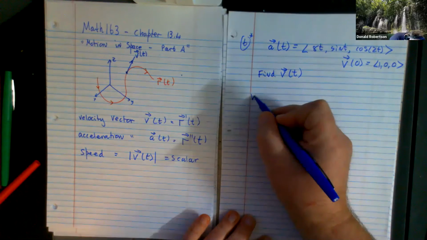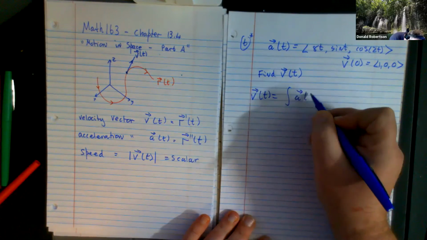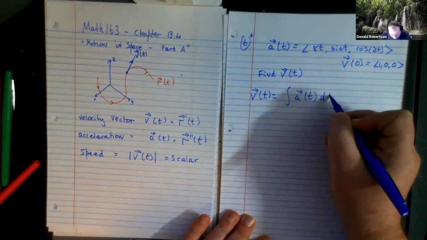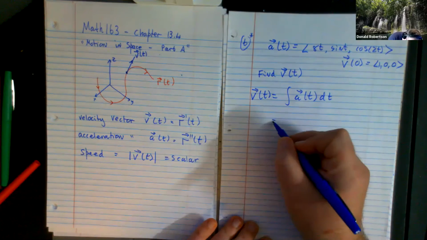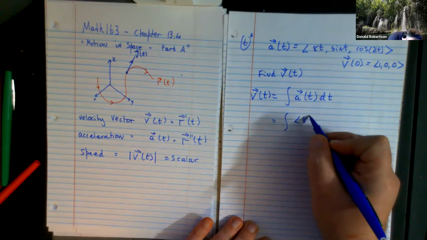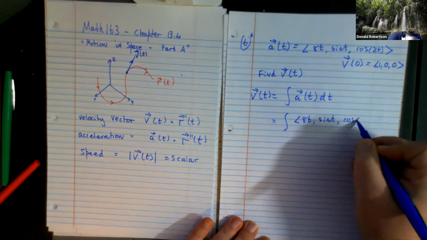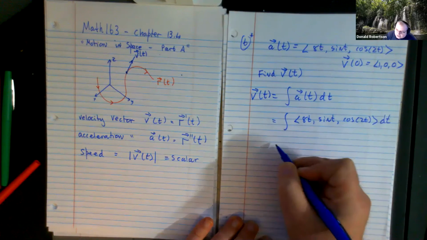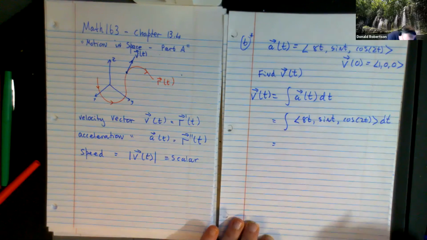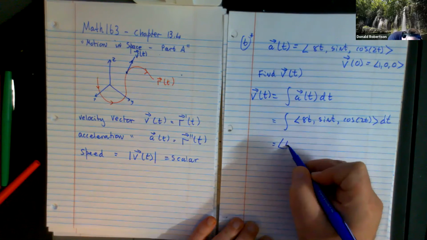So the velocity vector is the integral of the acceleration vector. And it's the integral of 8t, sine t, cosine 2t. And we know how to integrate, don't you? Just integrate 3 times. So add 1 to the power, divide by the new power.